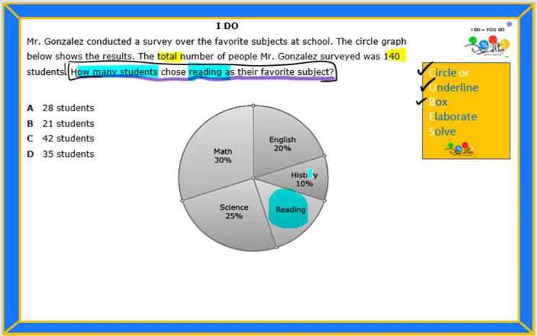So we have 30 plus 20 is 50%. And let's just add them all over here. We have 30 and 20 and 10 and 25 for science. Together, that's 85%. We said that the circle graph is 100%.